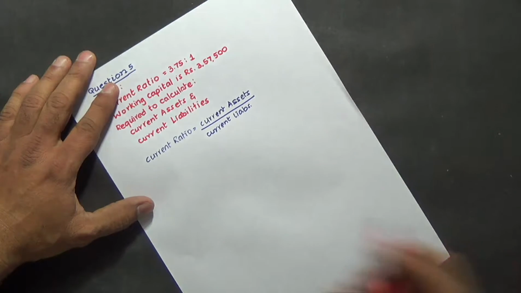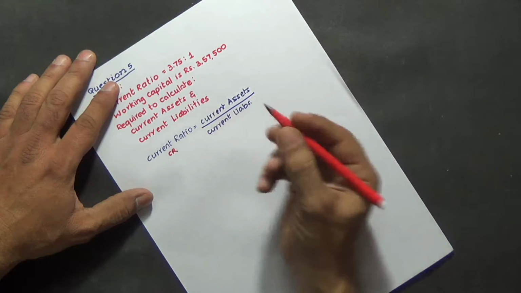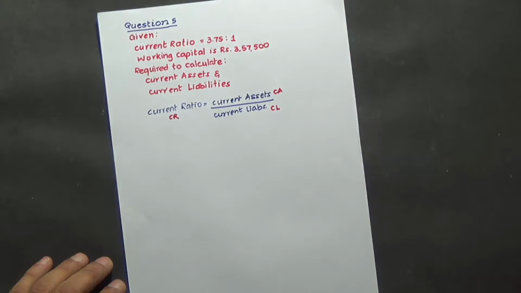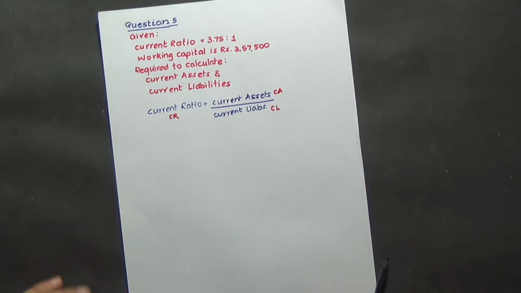Let me abbreviate current ratio in future as CR, current assets as CA and current liabilities as CL. Going forward, this is the abbreviation we'll use.